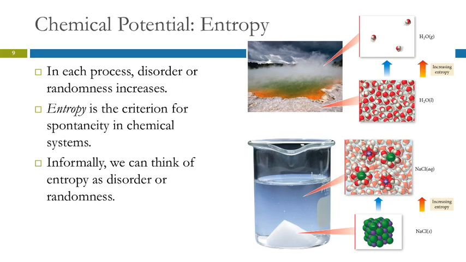So a solution of sodium chloride is more disordered than sodium chloride crystals. Does that make sense? Here we have water evaporating, and in liquid water, the molecules are all very close together. They're confined to a smaller volume, and when they evaporate and go into the gas state, they spread out, and so that is an increase in disorder.